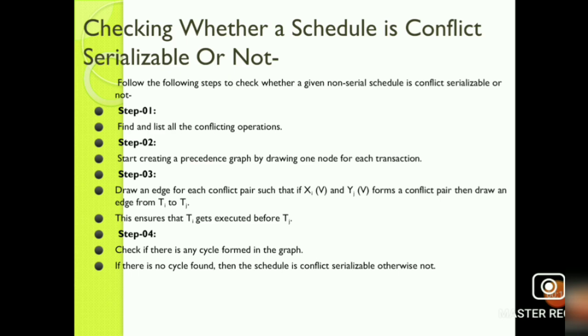What is a conflicting operation? If two operations belonging to two different transactions use the same data item, and one of them is a write operation, then they are called conflicting operations. So first we list out all the conflicting operations. Second, we have to draw a precedence graph for each transaction.